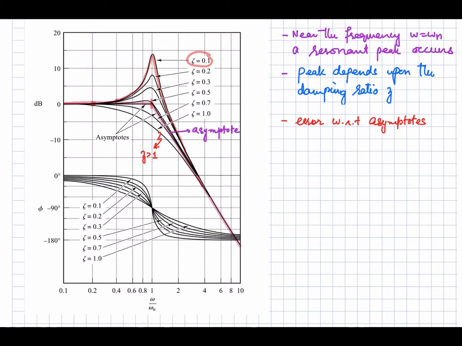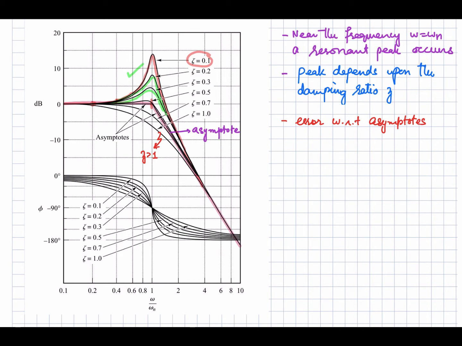And as zeta increases, that is the damping of your system increases, you will see a smaller resonance peak close to the natural frequency. So this is the response of your second order system to complex poles.